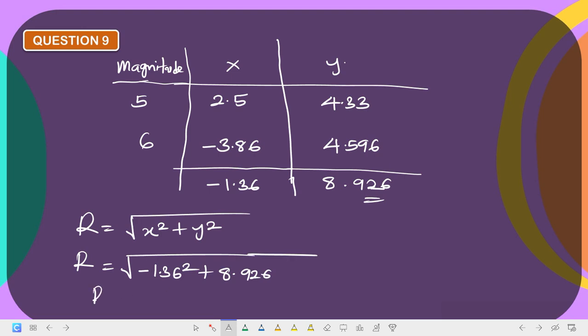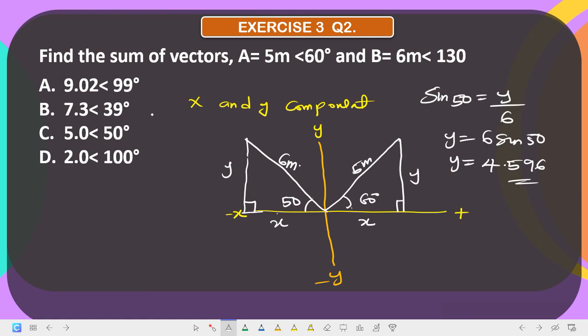And then finally, if you press this on your calculator, what are you going to have? Finally, our answer gave us 9.02, which is in meters, 9.02 meters. And that is the answer here, 9.02 meter.